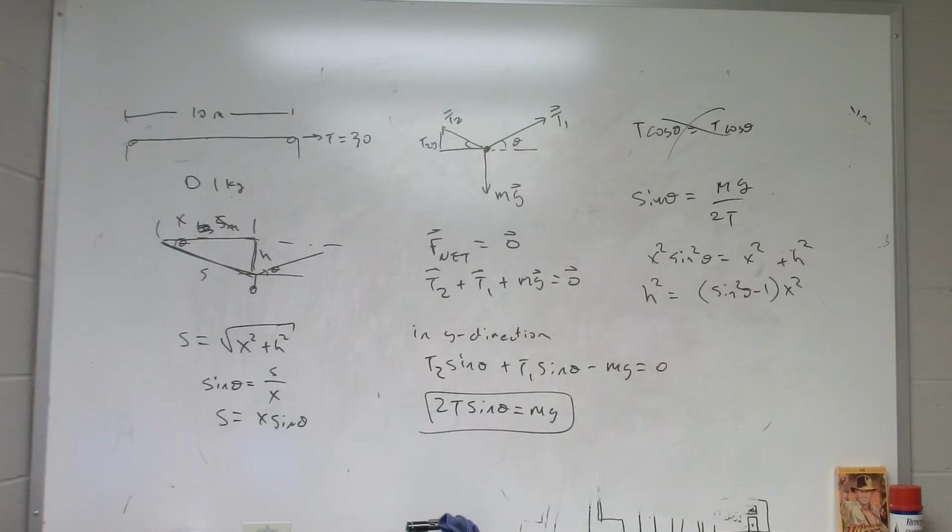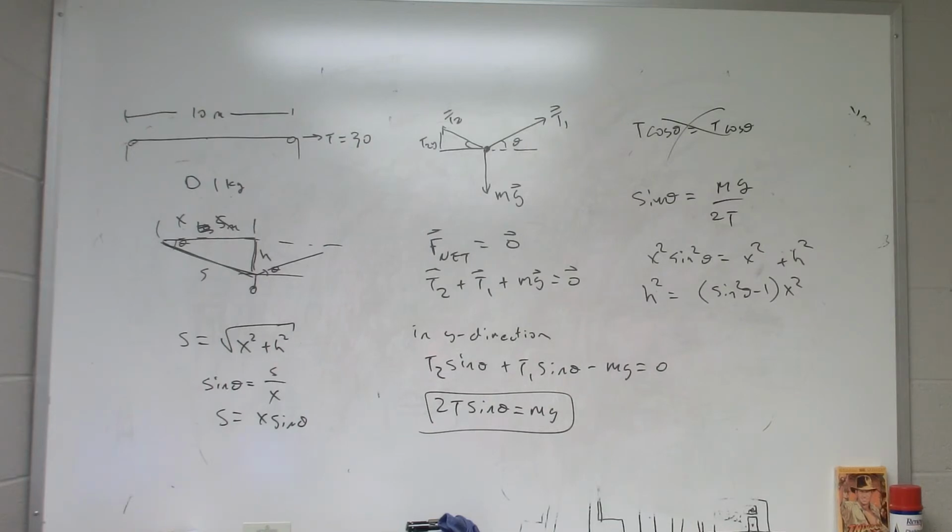Okay, let's try it again. So h equals square root of sine of theta squared minus 1 times, oh, I didn't calculate theta. Oh, I don't need sine theta. Sine theta is mg over 2T.